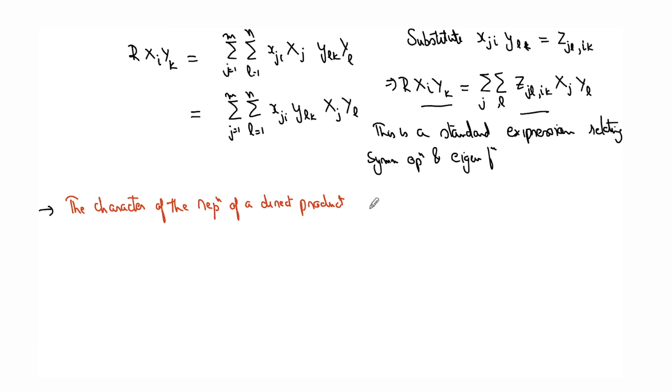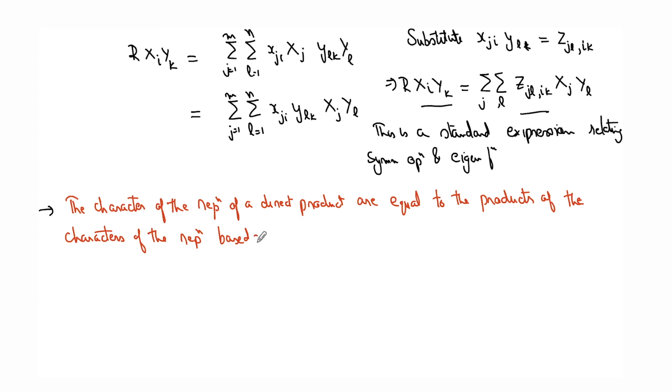So the characters of the representation of a direct product are equal to the products of the characters of the representation based on individual sets of functions.